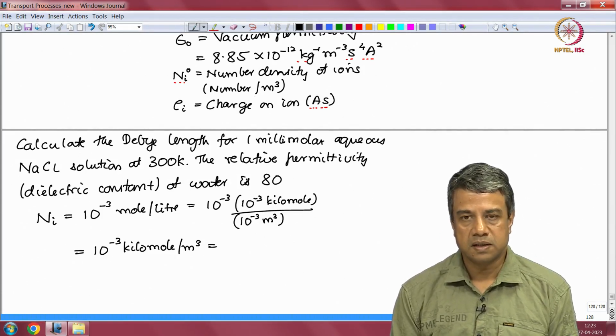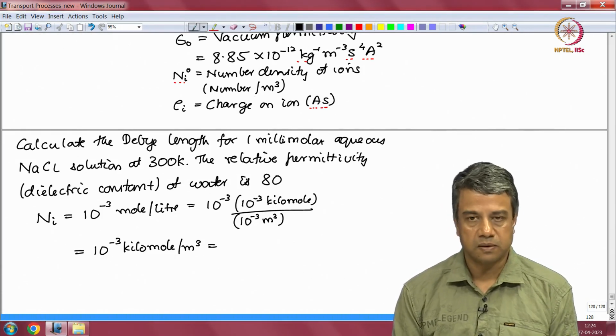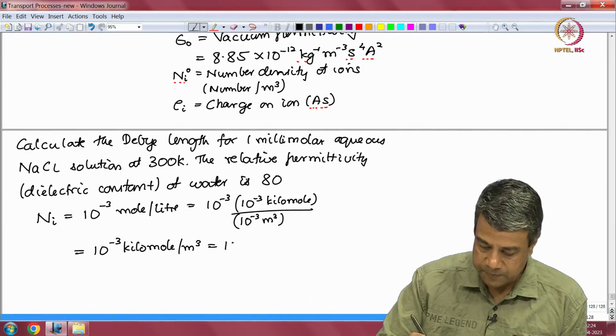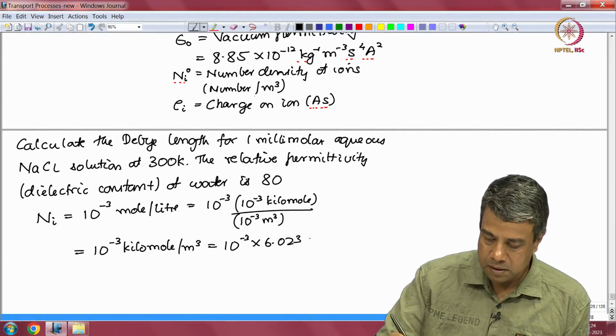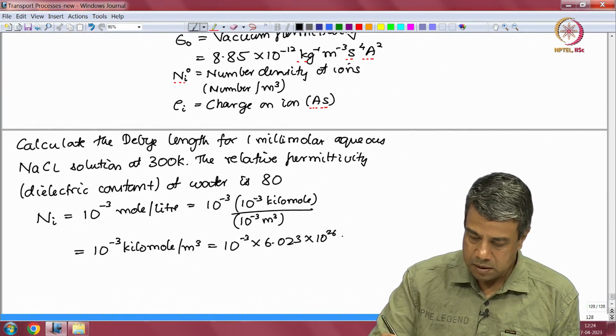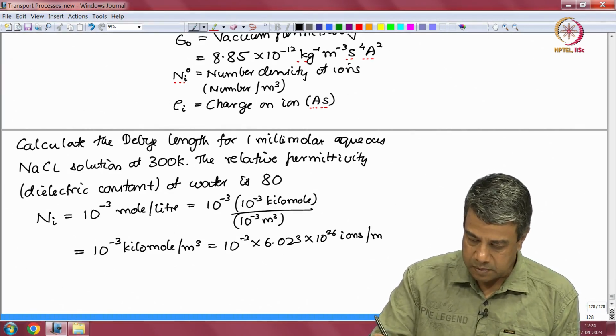1 mole contains 6.023 into 10 power 23 ions. So this contains 6.023 into 10 power 26 ions per meter cube.